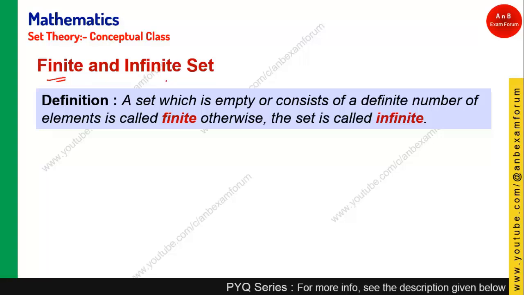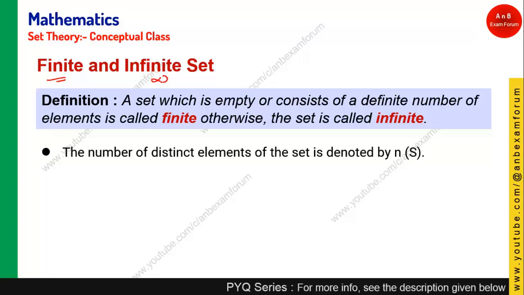Infinite means, as you know, there is an unlimited number of elements which you cannot count. You should remember that the number of distinct elements in a finite set is denoted by n(S). n is the number, S is the set. The number of elements present in S is denoted by n(S).